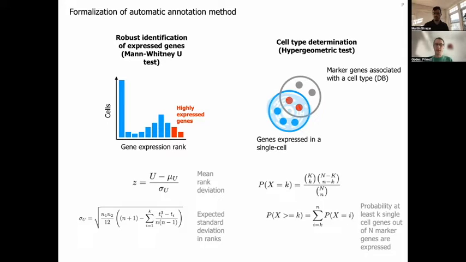And if the intersection is significant, we mark the cell with the selected cell type. And here, Primoz, why is it important to do it on the single cell level? Yeah, it is important. So some other methods do it on cluster level. And this way, some of the less represented cell types are skipped. In our case, we can identify them correctly.